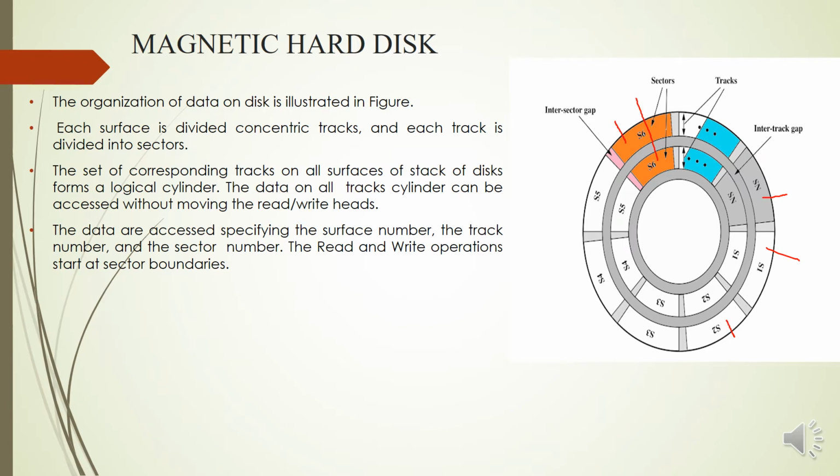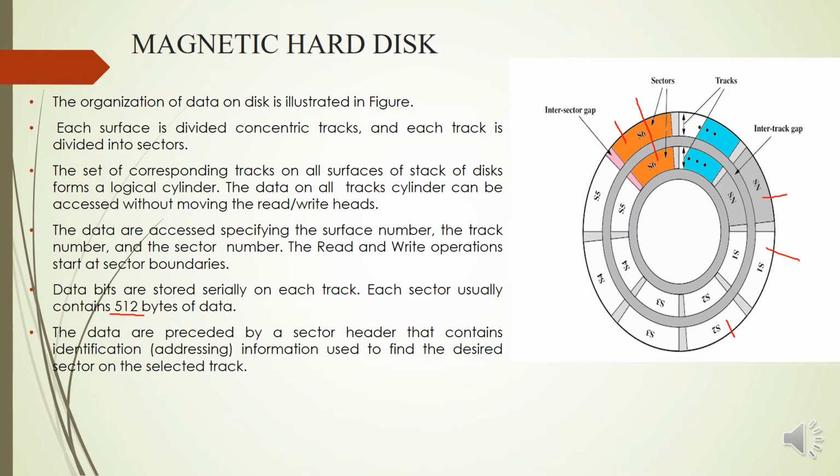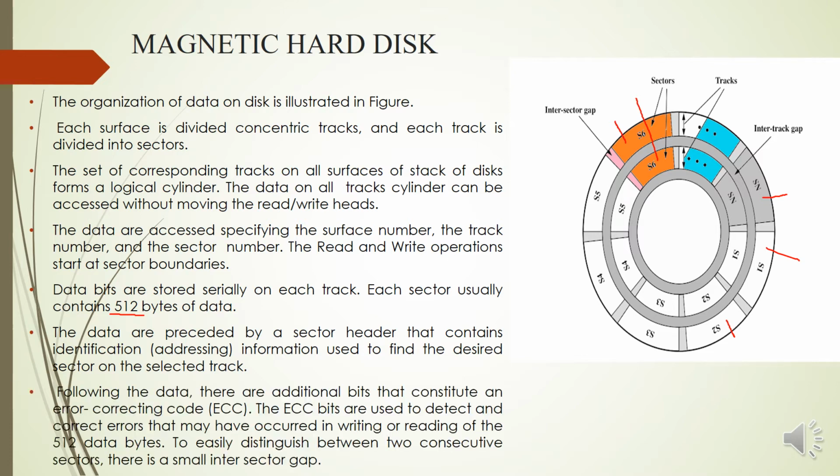The read and write operations start at sector boundaries. Data bits are stored serially on each track. Each sector usually contains 512 bytes of data. The data are preceded by a sector header that contains identification or addressing information used to find the desired sector on the selected track.